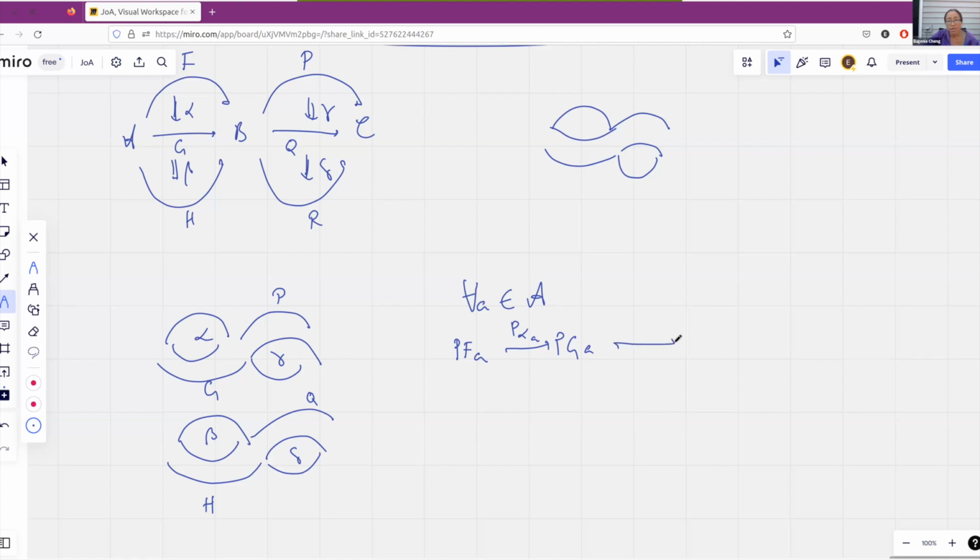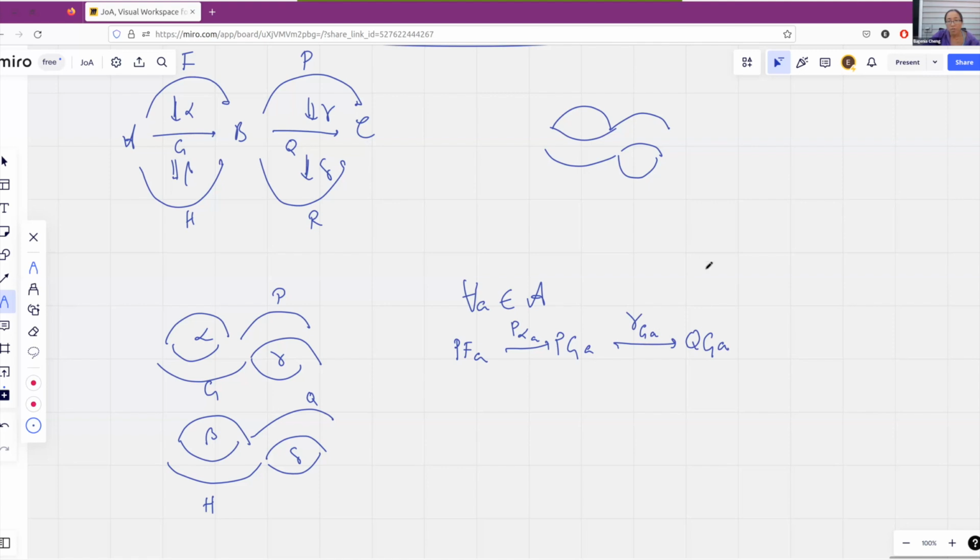So this is going to take us to Q of G of A. And because we've gone down gamma, but we've gone down gamma at G of A, right?